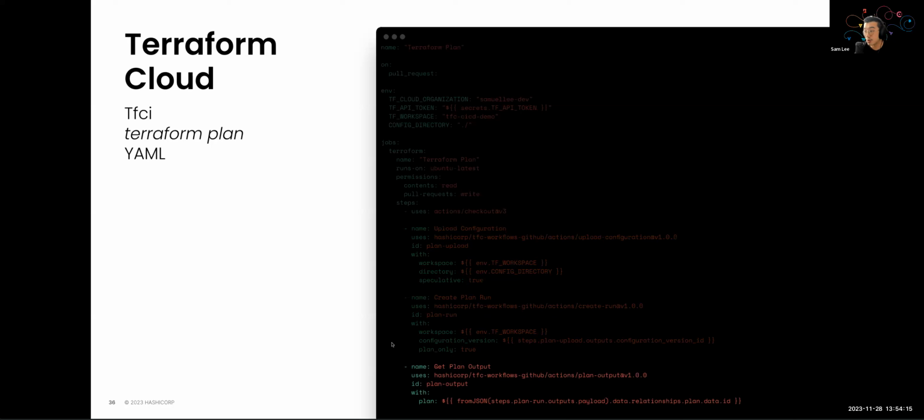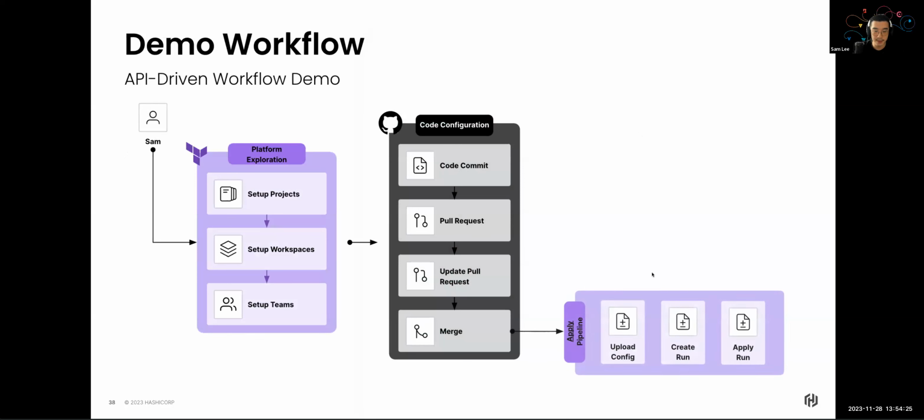If I was to do an apply, I would use a create apply run action, and that would help me go through the whole provisioning process through Terraform Cloud, which is the final step over here. I didn't show it only because of time. But if you go into the templates inside the GitHub repo, you will see the template showcasing all the different actions and how to use each of those actions as part of your workflow.